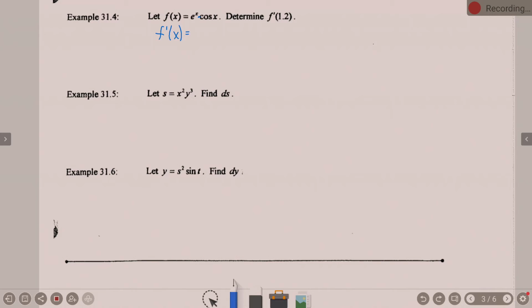Okay. Derivative of e to the x is e to the x. Keep cosine x as is. And then plus. So this time, keeping e to the x as is, and the derivative of cosine x, negative sine x.